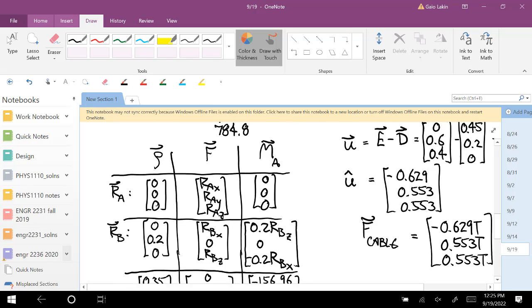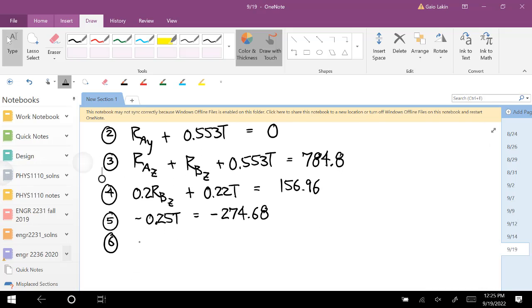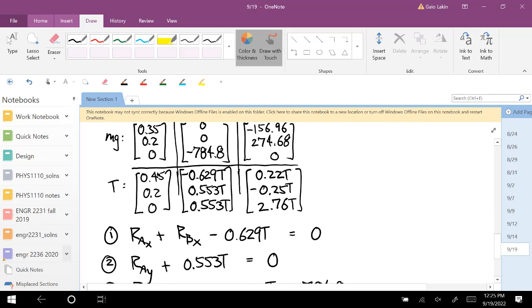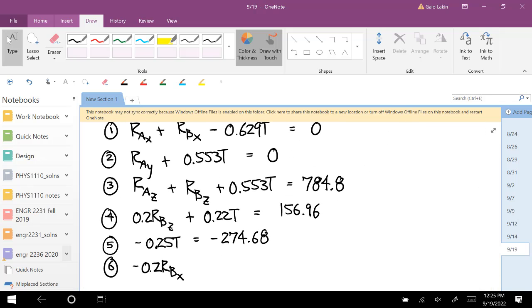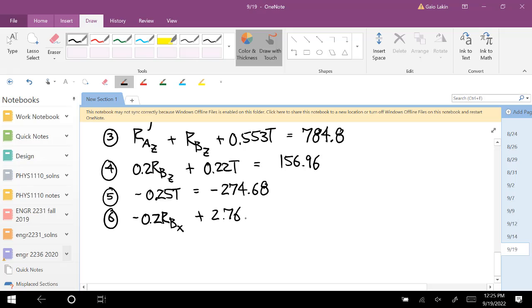And then the Z component says negative 0.2 RBX plus 2.76T is equal to 0.